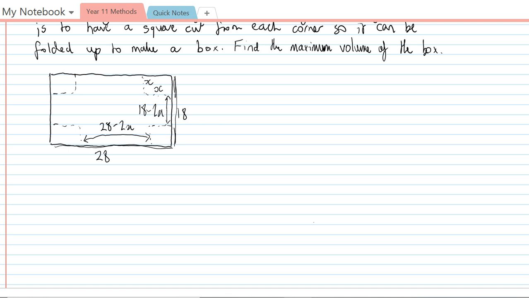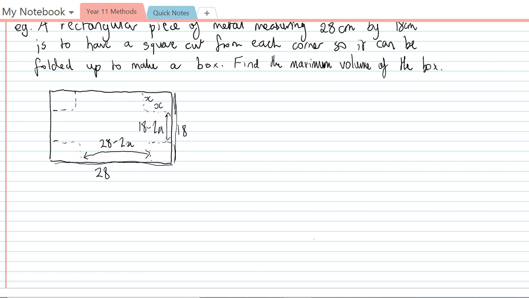So these are the dimensions of the box, and we can now write an equation for the volume of this. I'm going to say that the volume is equal to, now to do the volume of a rectangular prism, we do length times width times height. So the length of this one will be 28 minus 2x.